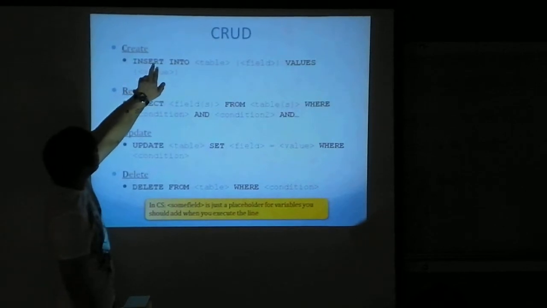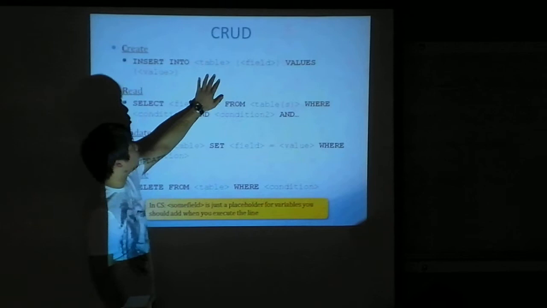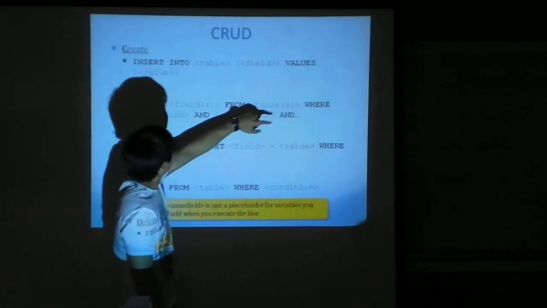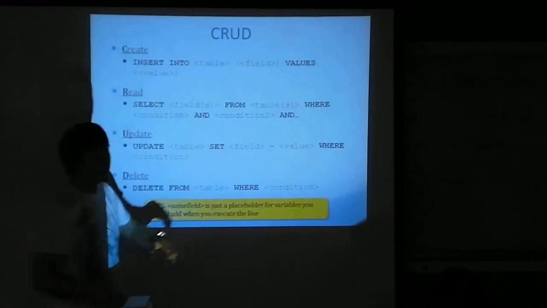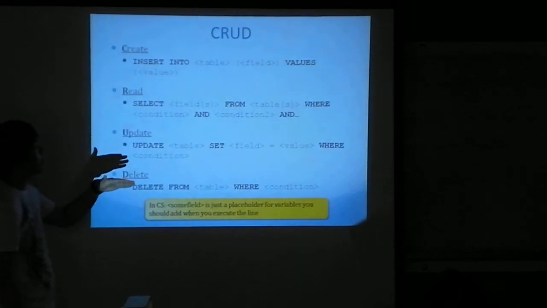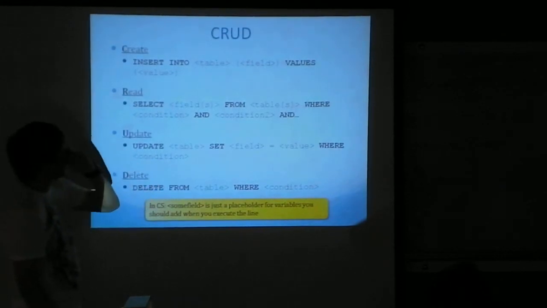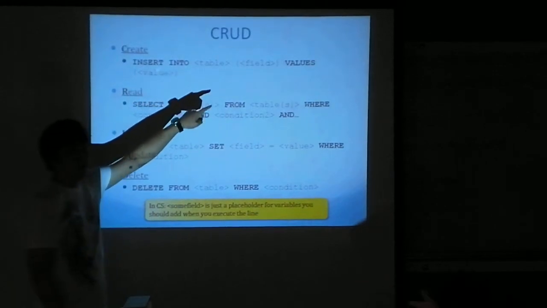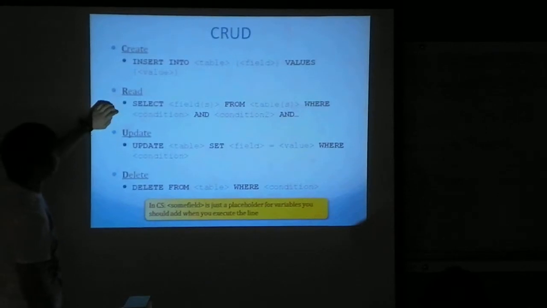You have these keywords INSERT INTO that always have to be there, and then you put the table name. For the fields, you would put the names of the columns that you're talking to, and for the values, you'll have the values that map to those fields. It'll be a little more clear in a couple of examples.